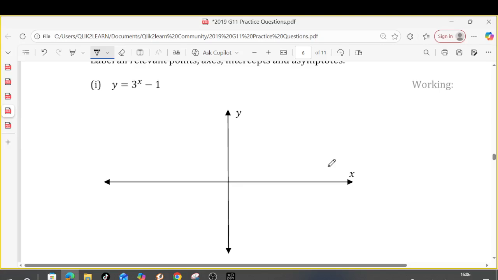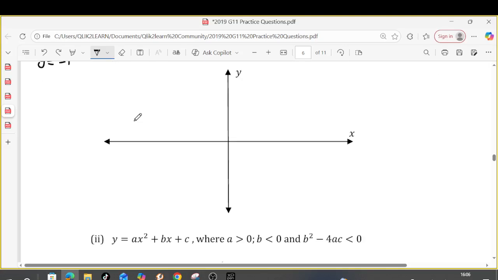Okay, so we need to sketch the graph of 3 to the power x minus 1. Remember, the minus 1 is your horizontal asymptote. So y is equal to minus 1, meaning that if this is minus 1 here, we're going to have a horizontal asymptote. I'm just going to put it down there, like this.